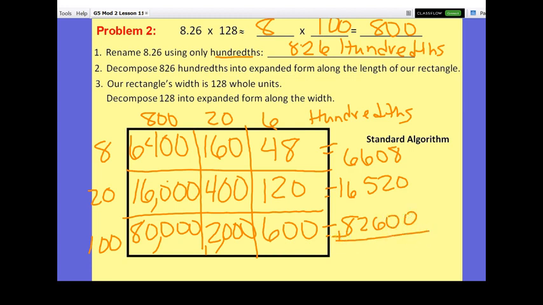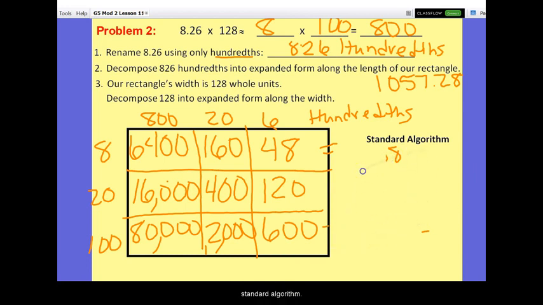Now I'm going to add those up, and I end up with 105,728 hundredths. And what that means is that I need to put my decimal into the correct position, and I will end up with 1,057 and 28 hundredths.